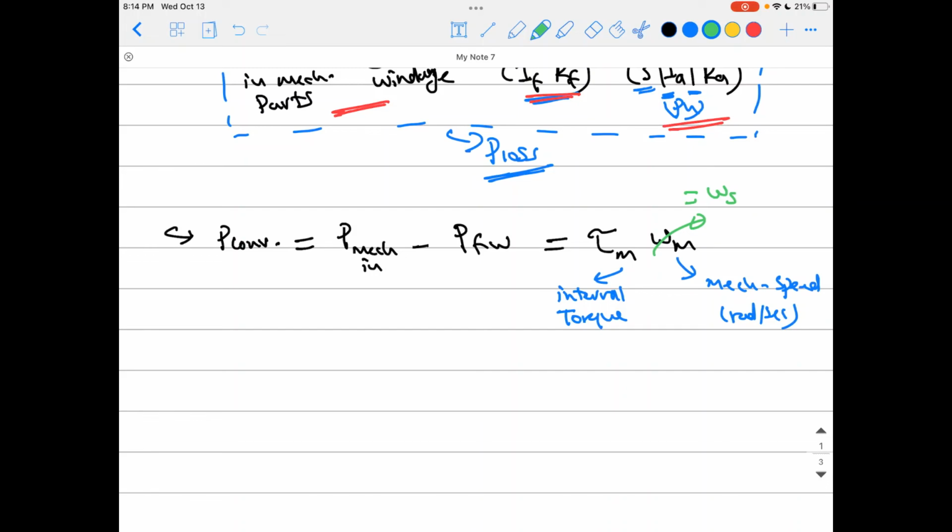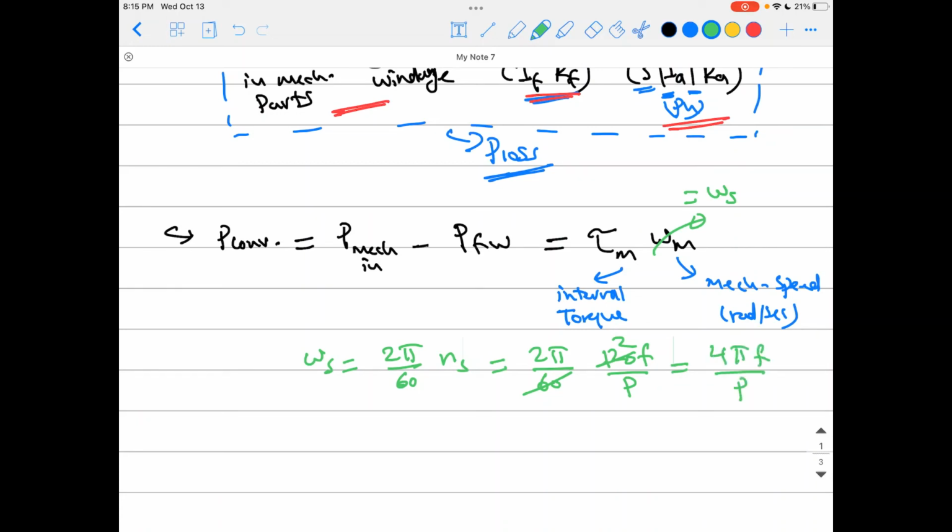And the synchronous speed can be calculated by converting the RPM by 2 pi over 60 times the N_S in RPM, and this is calculated like 120 F over P. Okay, guys, so you can find it directly like that. 60 goes into 120 to give 2, so that is 4 pi F divided by P. So for a synchronous machine, we don't bother with everything because the speed is just equal to synchronous speed and can be found directly if you know the frequency of the grid you are connected to, and the number of poles, which is just given in the machine manufacturer's catalog.